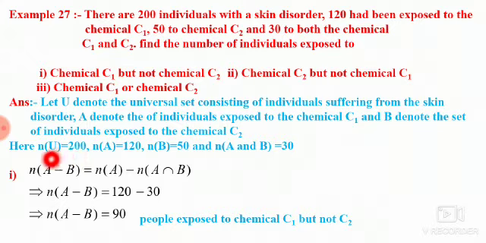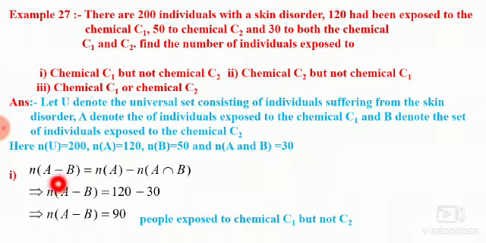That will be considered the universal set. n of A is equal to 120, n of B, the individuals exposed to chemical C2, is 50. And the individuals exposed to both chemical C1 and chemical C2 is 30.